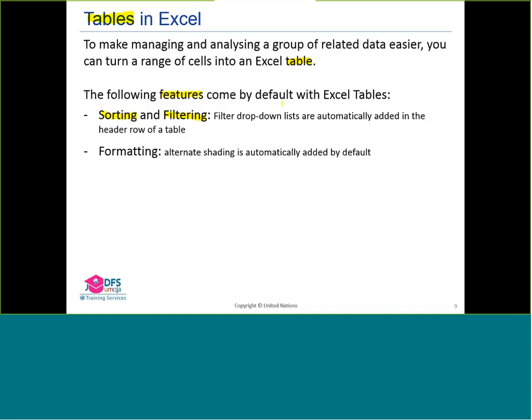What else? When we convert a range into a table, Excel will automatically apply specific formatting and will shade the even or the odd rows so that our data is easier to read.